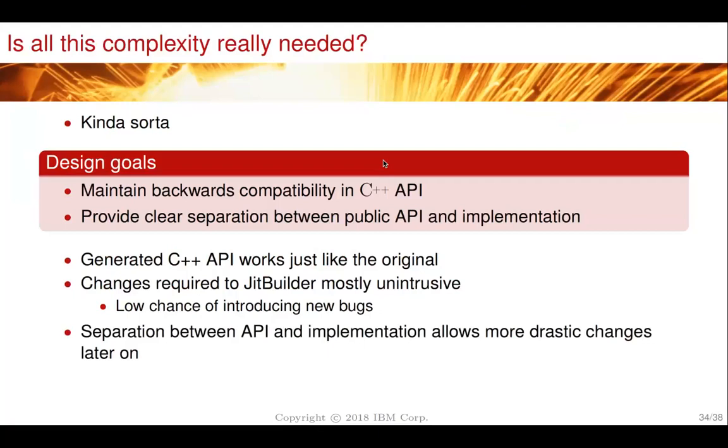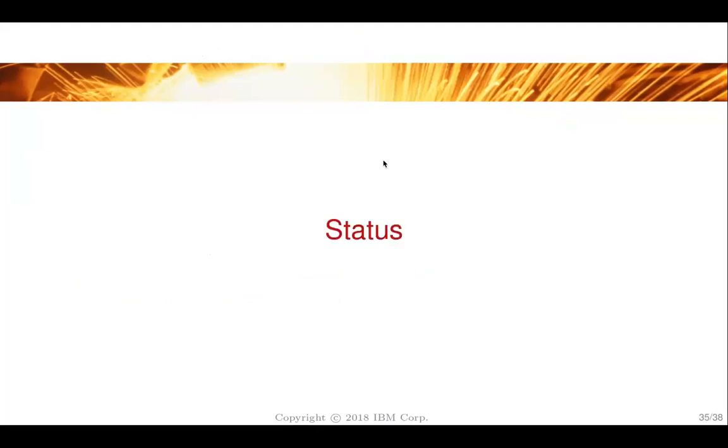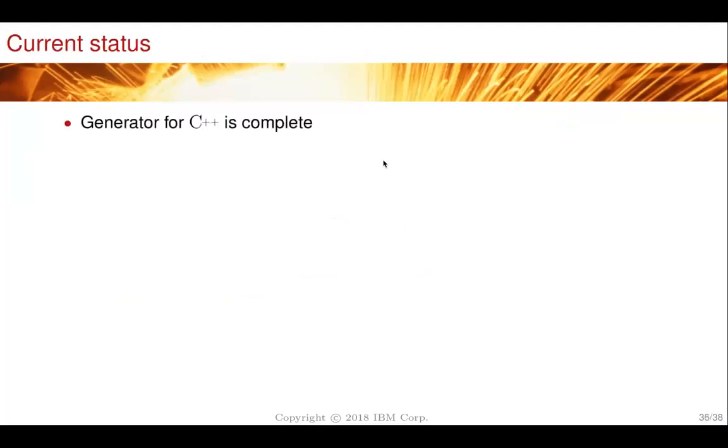So now, quick status update about what the current state of the work is. The C++ generator is essentially complete. It was contributed to the Eclipse OMR repository in 2 pull requests. The first one actually added the generator itself, so the Python program that generates the C++ client API, as well as the JSON schemas and JSON API description for JitBuilder.